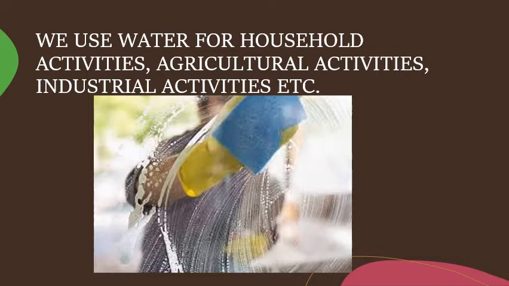To produce anything we do require water. In that way we know that we use water for different household, agricultural and industrial activities, and many other activities in our day-to-day life.